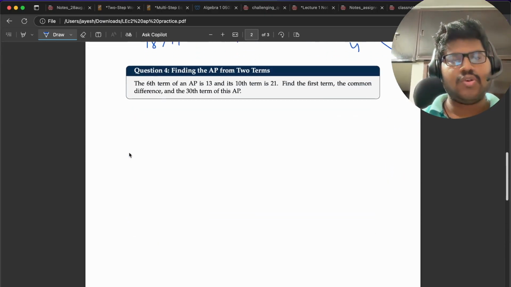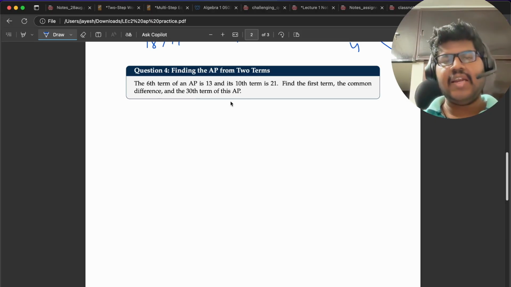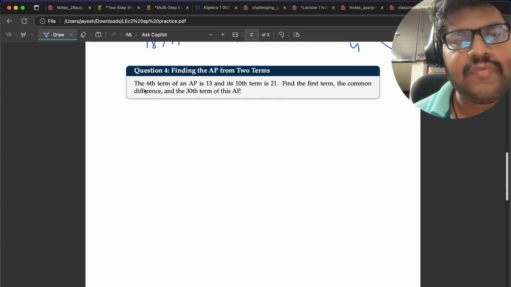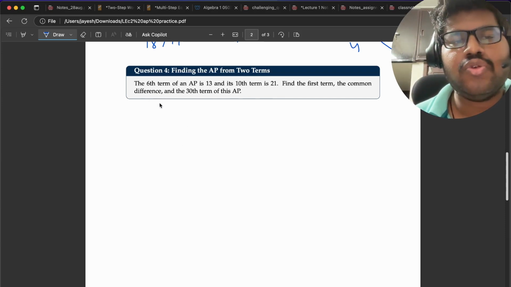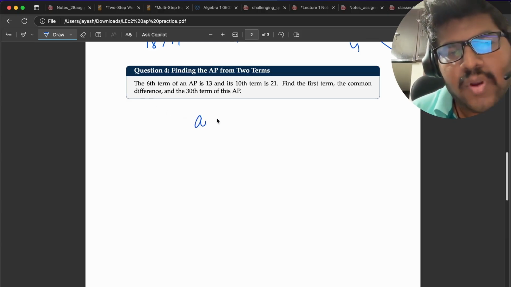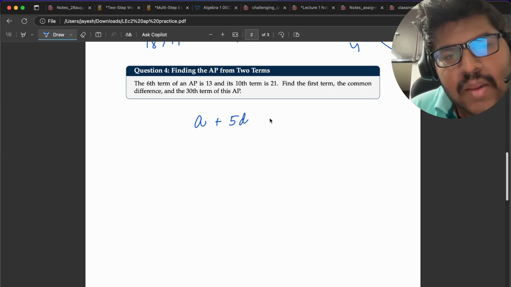Okay, next question. The sixth term of an AP is 13 and the 10th term is 21. Find the first term, the common difference, and the 30th term of the AP. Let's first figure out the plan. The sixth term means A plus 5D is 13.